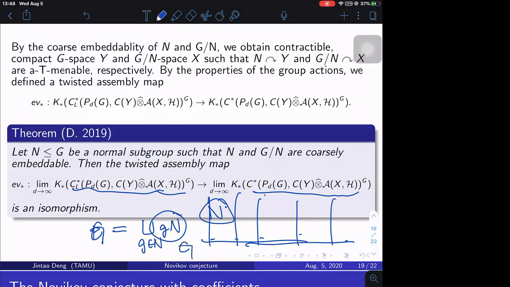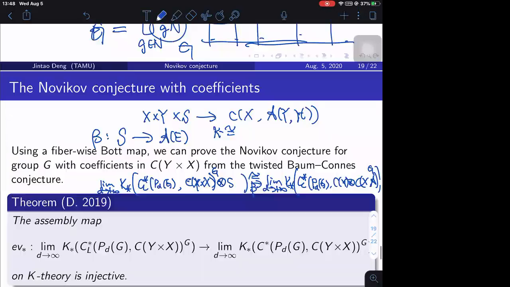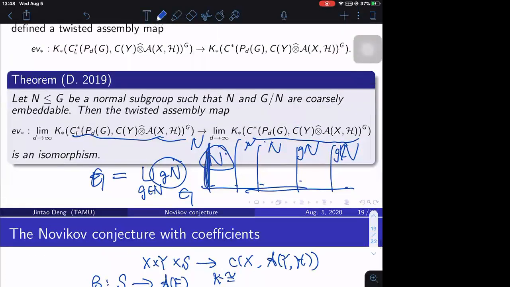You can view this as G, and each of them is a copy of N. Actually, they are just cosets, but you can use a group action to shift those fibers to a single one, or finitely many of them, uniformly.